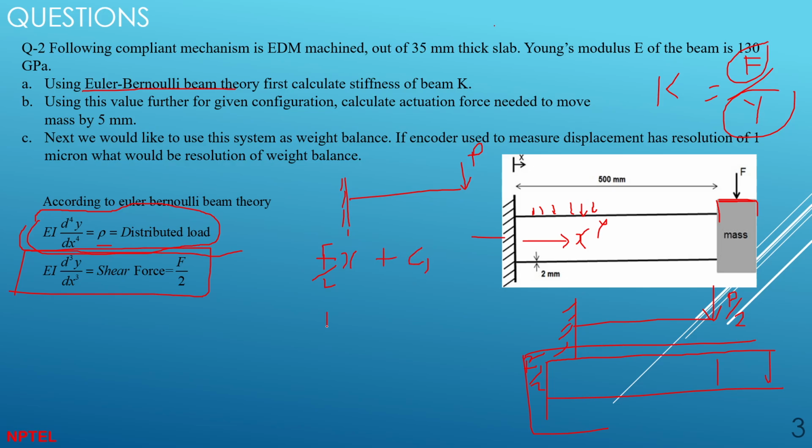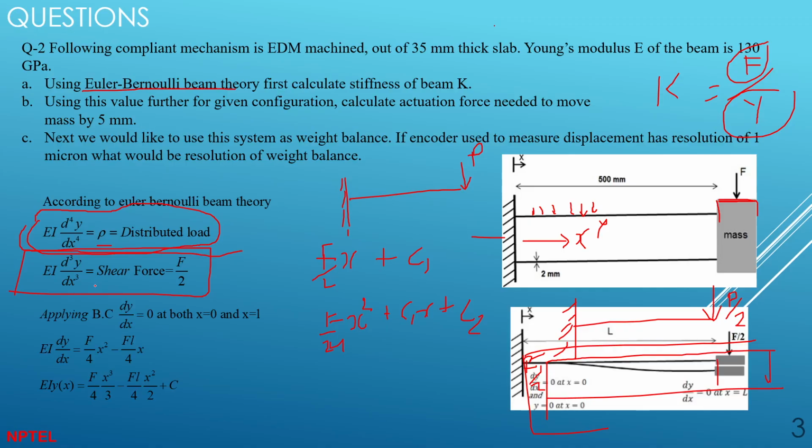If you integrate twice, you will get x square by 4 plus c1 x plus c2, right? So when you integrate twice, you get up to this point. So you need to solve for C1 and C2.